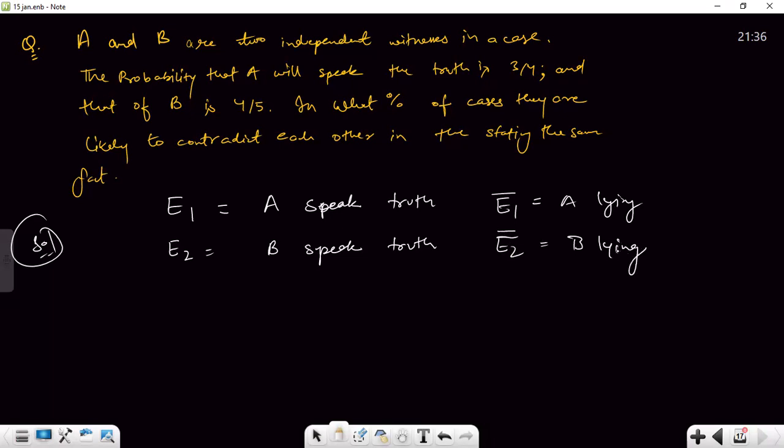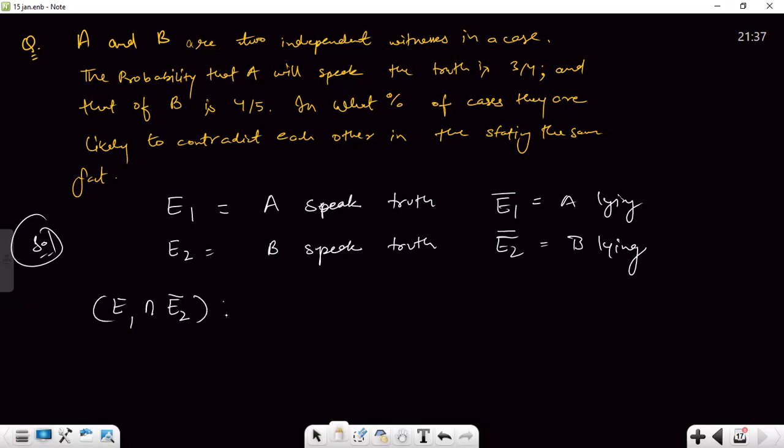Now, if they both speak the truth, then they will not contradict. So E1 and E2 are not going to happen simultaneously in case of a contradiction, right? So for contradiction, it may be that A speaks the truth and B is lying. So this may happen, right?